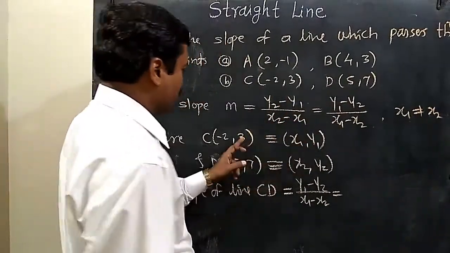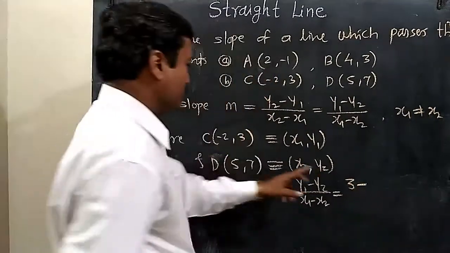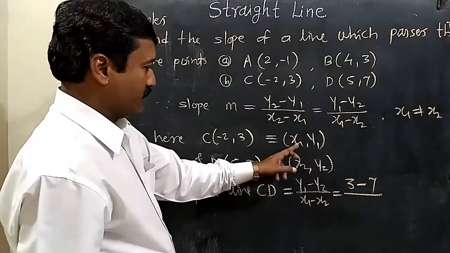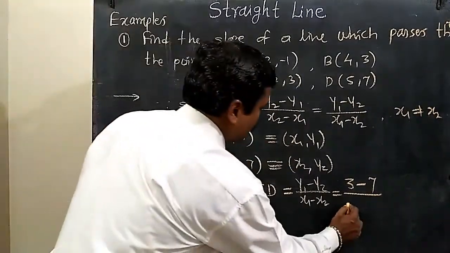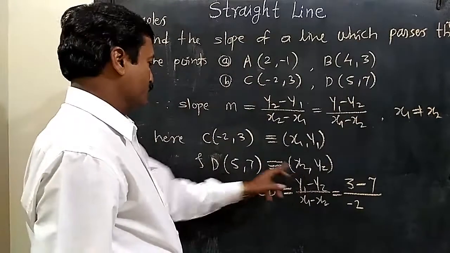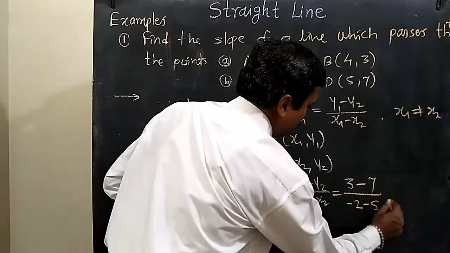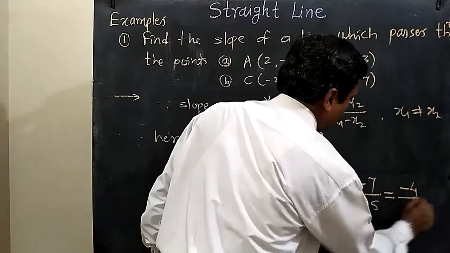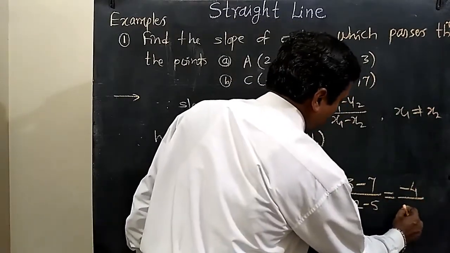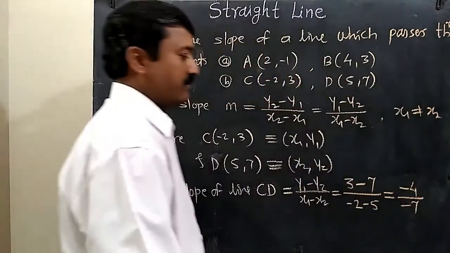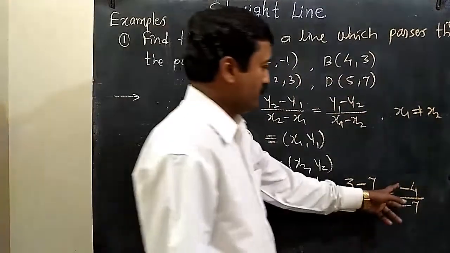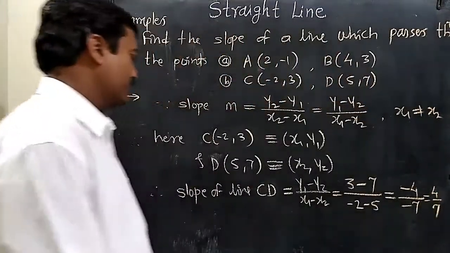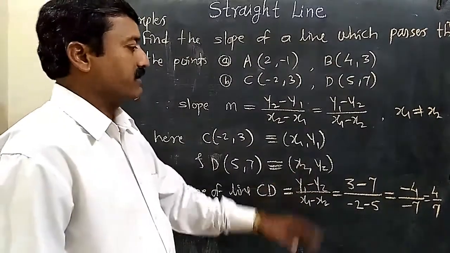Here y1 is 3, y2 is 7, so 3 minus 7 upon x1 is -2 and x2 is 5, so -2 minus 5, and it is equal to -4 upon -7, both are negative numbers, so their division is positive and is equal to 4 by 7. So the slope of line CD is 4 by 7.